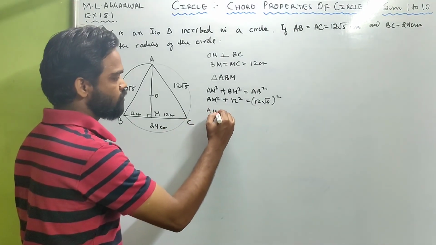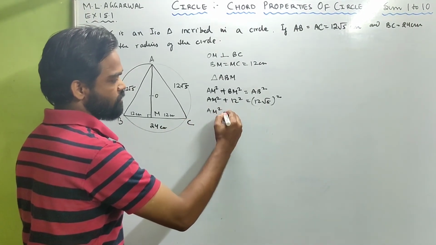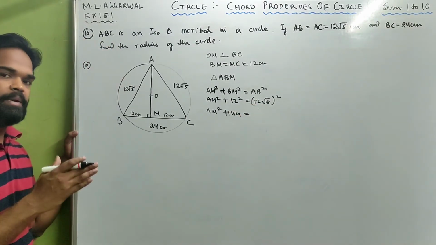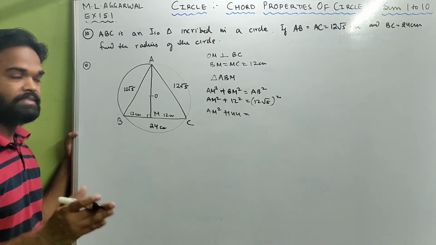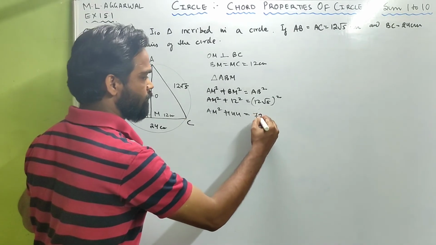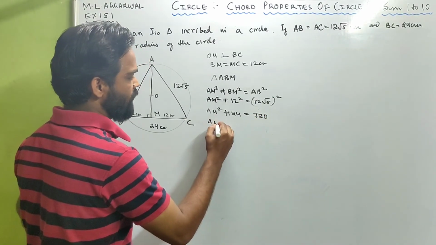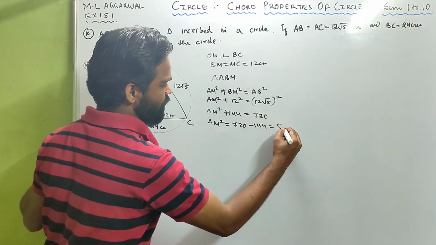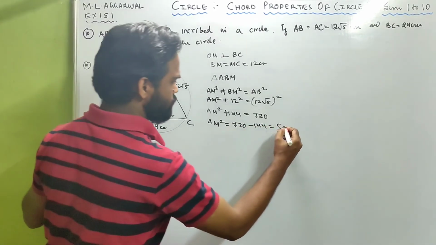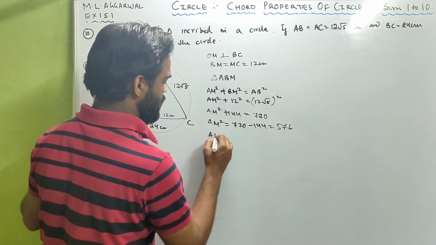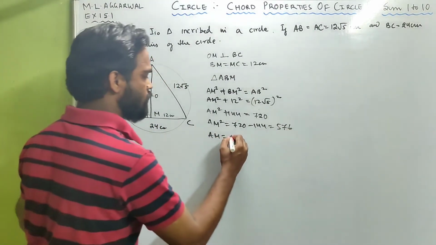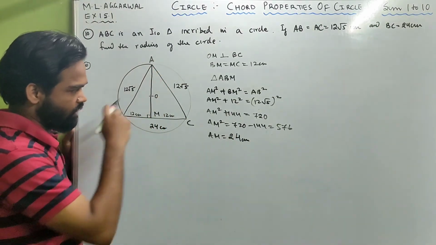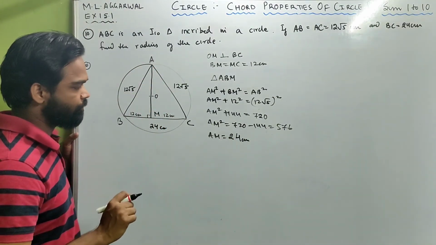So AM square plus 144 equals 144 multiplied by 5. That's 720. Okay, so AM square is 720 minus 144. That's 576. So AM will be root of 576. That's 24 centimeter. So AM is 24, the entire thing.